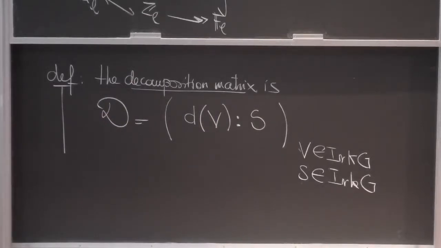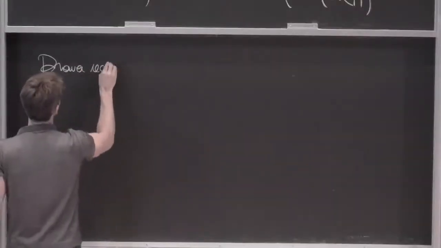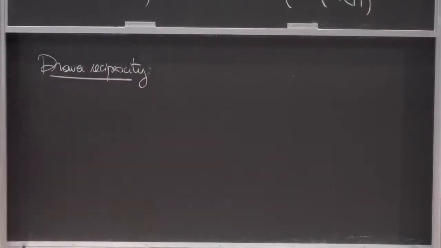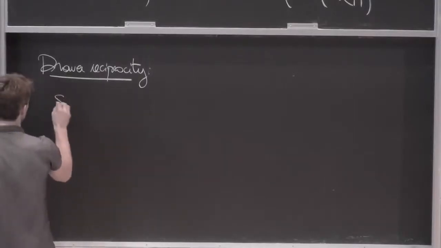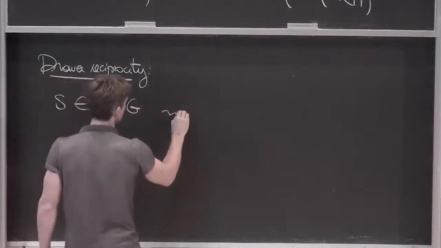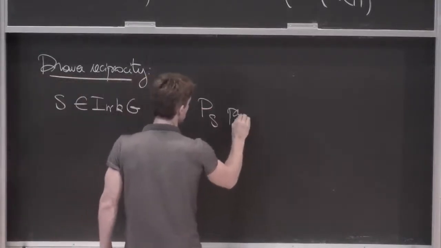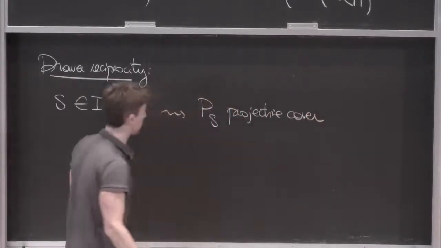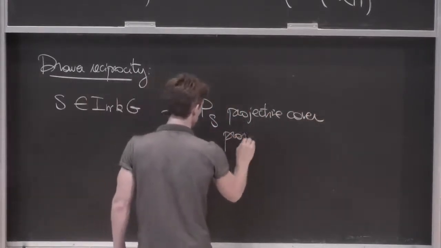Okay, so that's one way to see it, but there is a dual point of view, which will be very convenient when you want to do calculations. It's called Brauer reciprocity. If you start with a simple module S, irreducible, you can define its projective cover, which will be projective indecomposable.